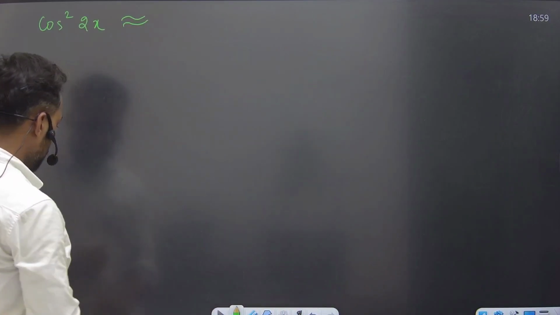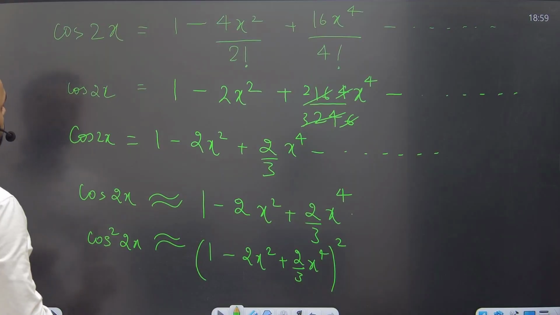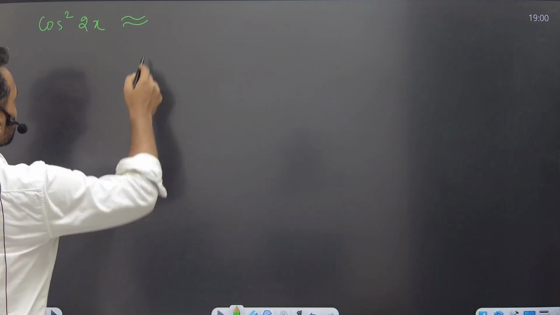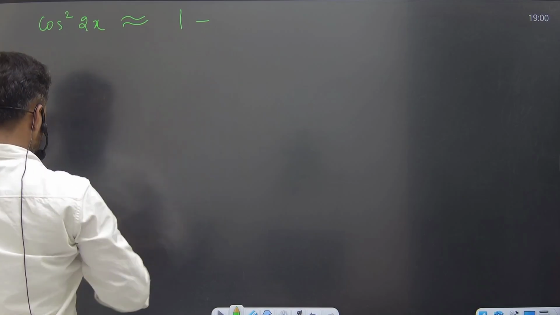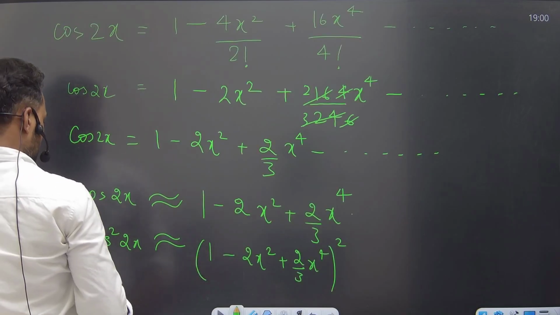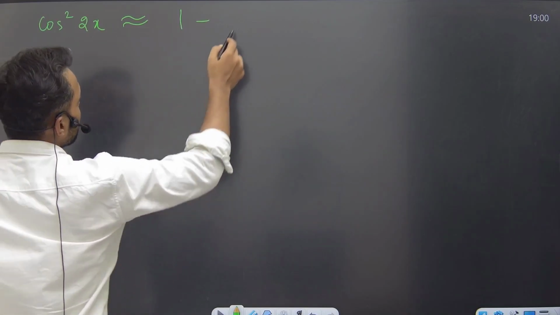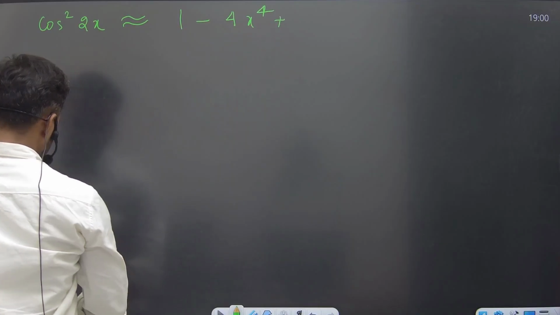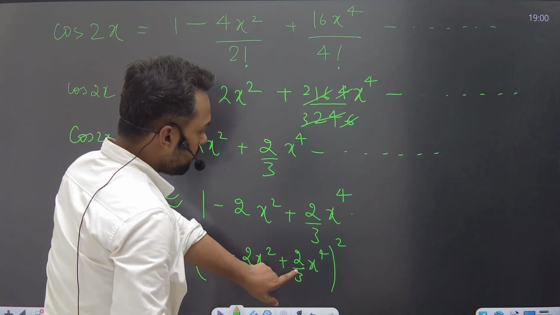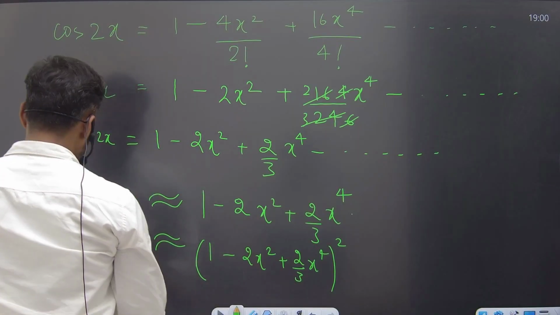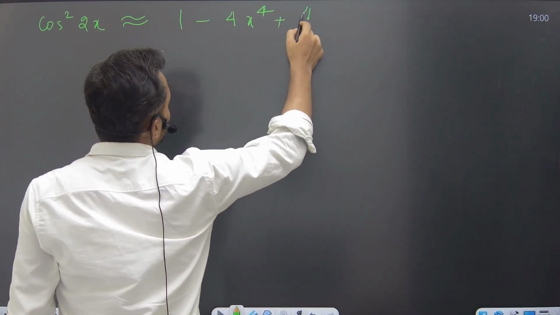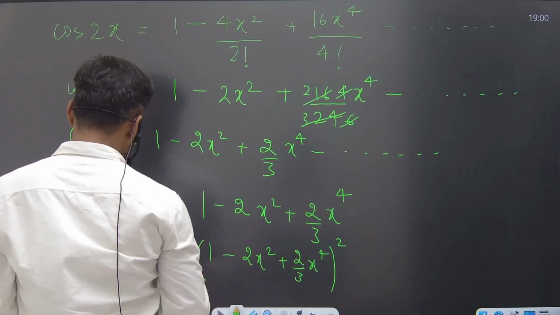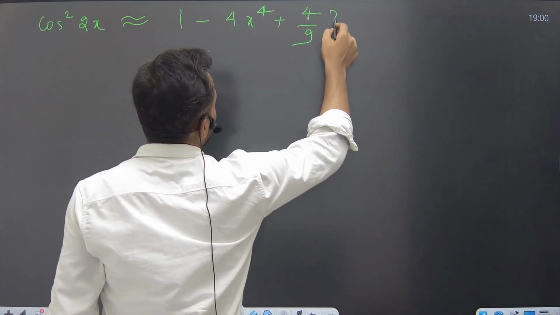So on expansion, a square will be 1, b square will be 4x power 4, plus c square will be 4 by 9 x power 8.